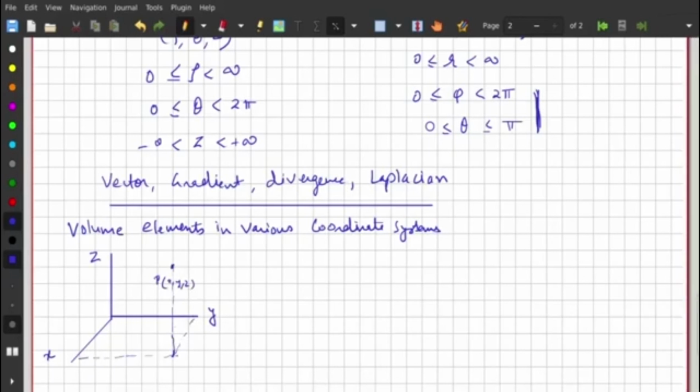A small elementary volume at that point P will look something like this. It's a cuboid, and that elementary volume dV has magnitude dx, dy, dz.